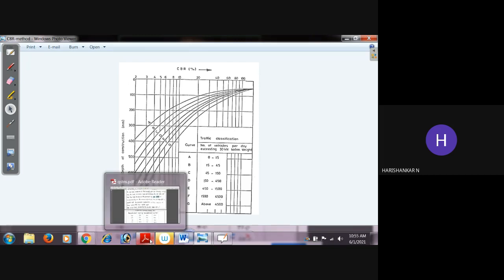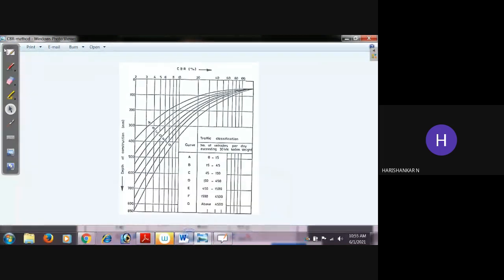And in this E curve, you can see the CBR value. We have already found out the CBR value as 4.16.